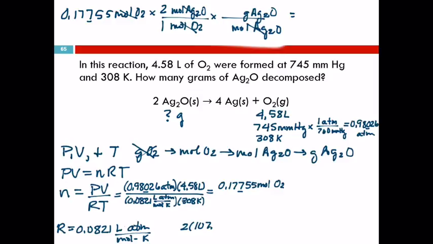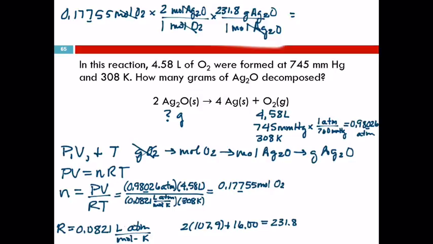I can't see it well because there's glare on the silver. 107.9, and then there's one oxygen there, and that's 16. So 107.9 times 2 plus 16, 231.8. So that's the number I put up here, 231.8 grams of silver oxide per mole.